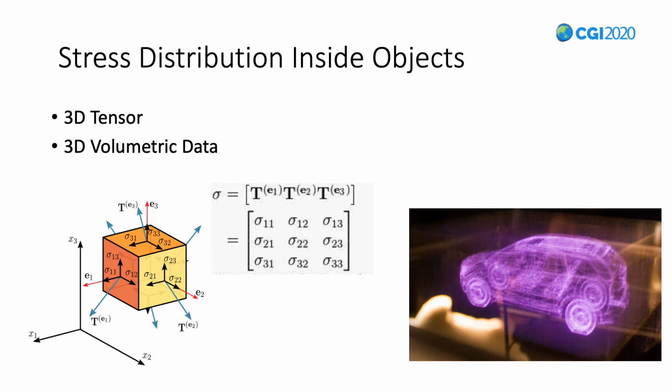Second, the tensor field inside an object is 3D volumetric data. To display the 3D distribution of tensors inside a volume is also challenging if we do not want the structure inside to be occluded.